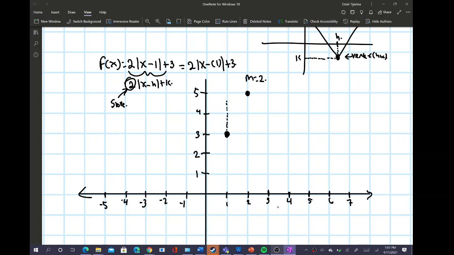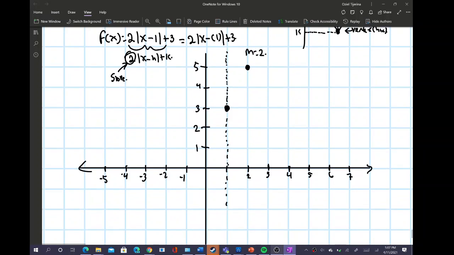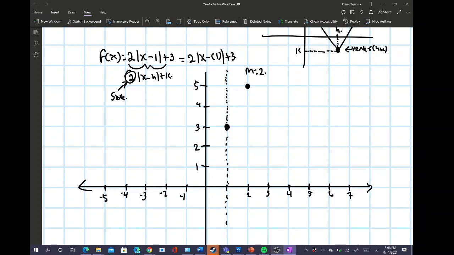You can draw a little dashed line here and say this is your axis of symmetry. So what you want to do is reflect over this dashed line. So you're going to go 1 and then 1 again. So it's going to be right here, right? And that's how you would do it.